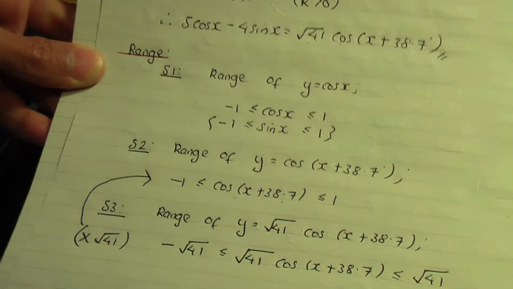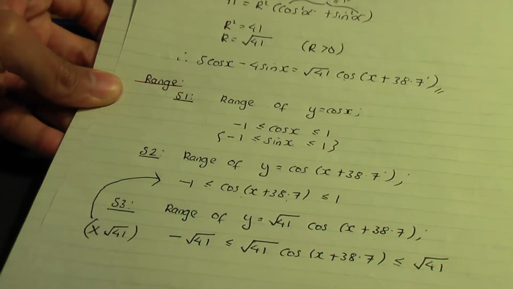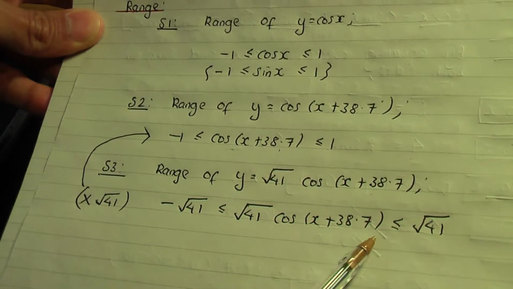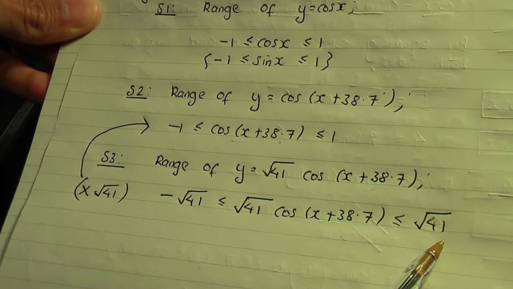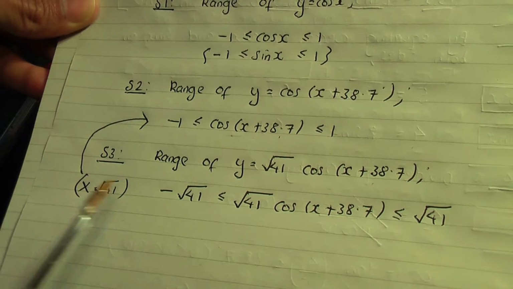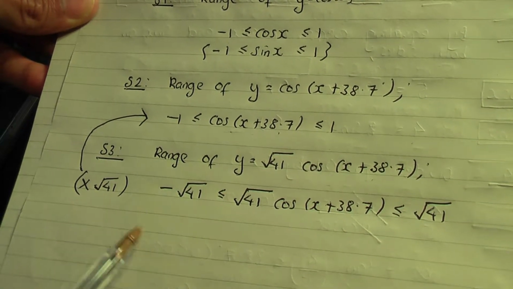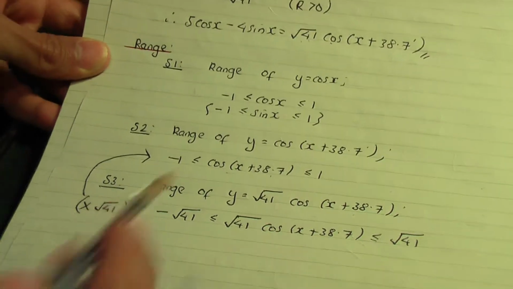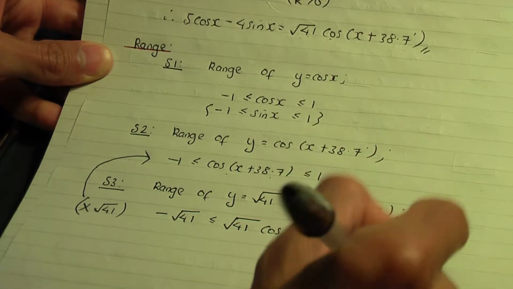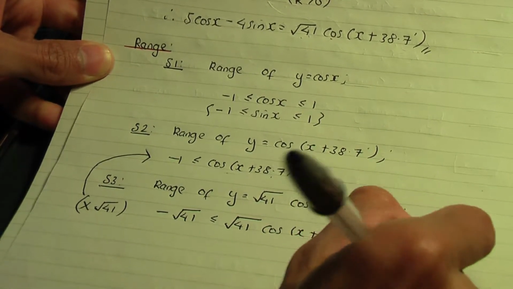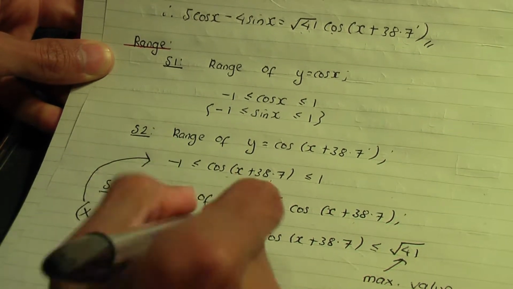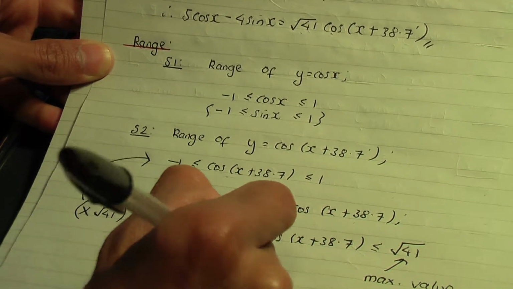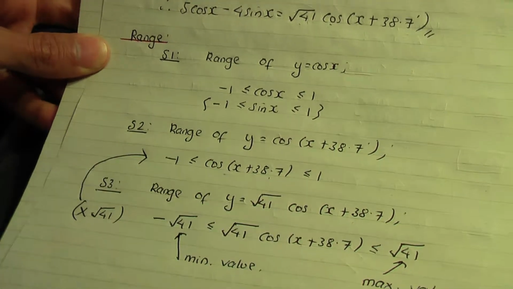If you wanted the maximum and minimum values from this, the plus root 41 on the right hand side is your maximum value, and the minus root 41 is your minimum value.